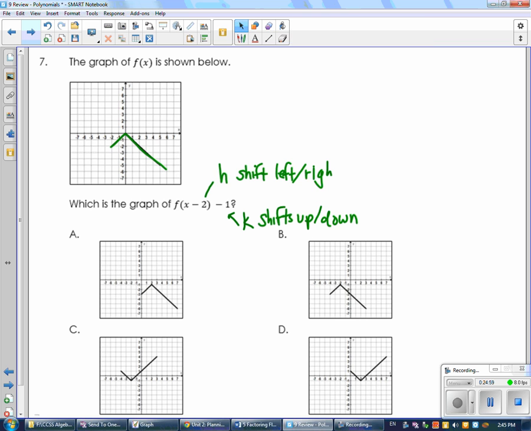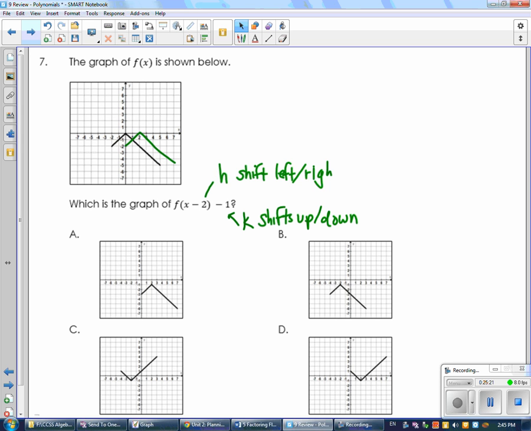Oops, I went a little too far. And if h, in this case, remember, we have to consider the opposite. So if it's x minus 2, that means that h is actually a positive 2. And so if h is a positive 2, I need to shift my graph to the right 2 units. So I'm going to do it like this.